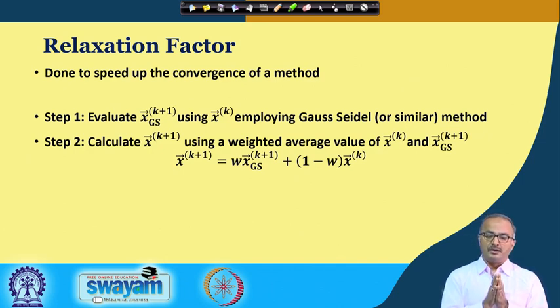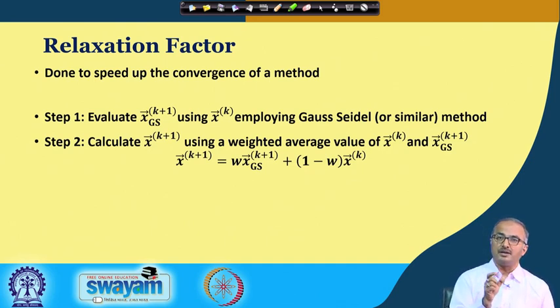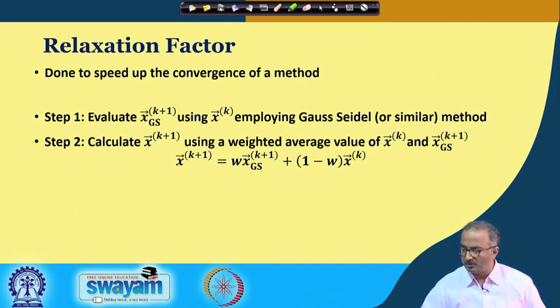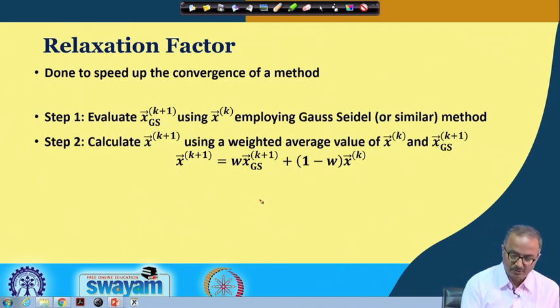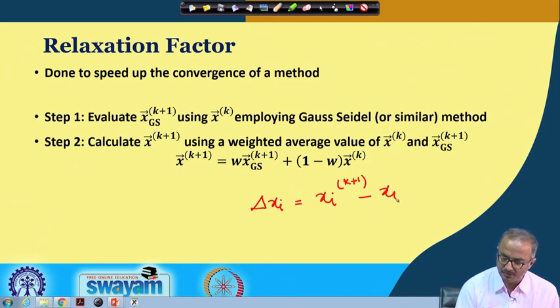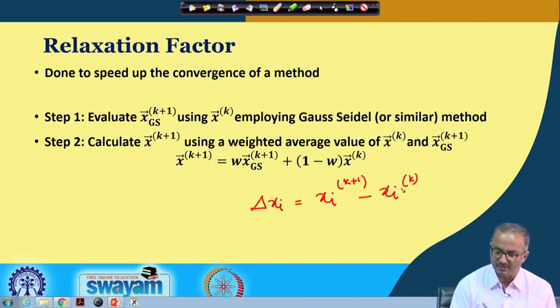And what we define is that we always take the difference between the values of the previous and the present time step. So, this is the kind of error you can see. If I look at the error, basically all these methods depend on the error. This error is taken as the value of xi at the k plus 1th level minus the value of xi at the kth level.